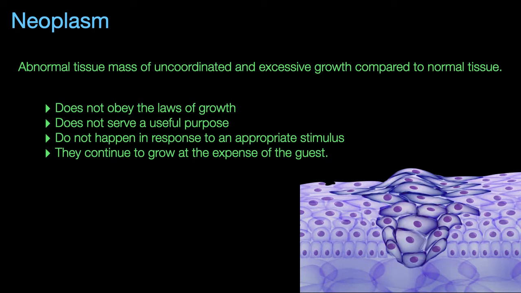And once they appear, they continue to grow at the expense of the host, consuming all types of resources of the body, so other parts of the body or the organs are deprived of those resources.